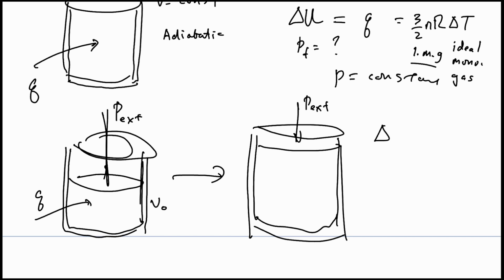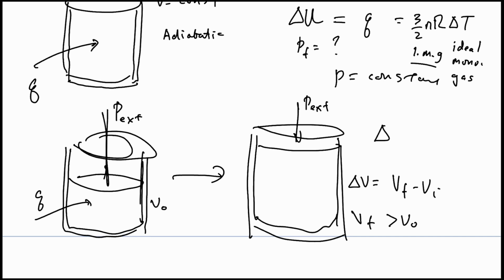This pressure wants to be higher, but what happens when it actually goes up a little bit? It's no longer at equilibrium mechanically, and it expands. So the gas expands, and there's a delta V, which is the final minus the initial volume. So this one has a V final, which is greater than V naught.